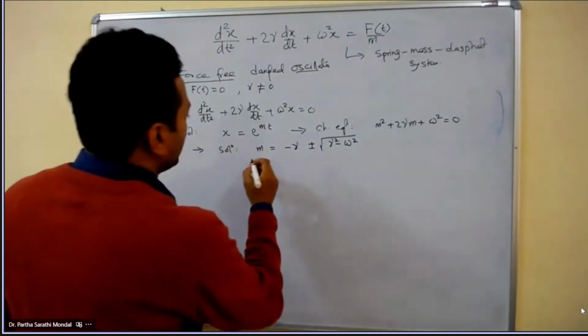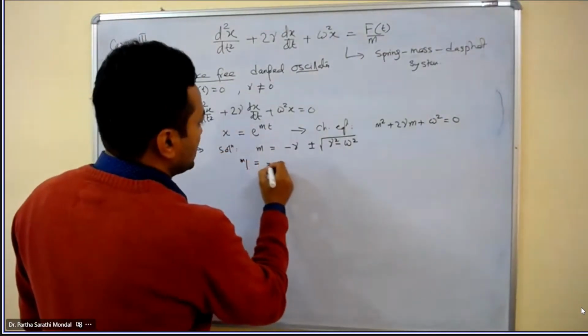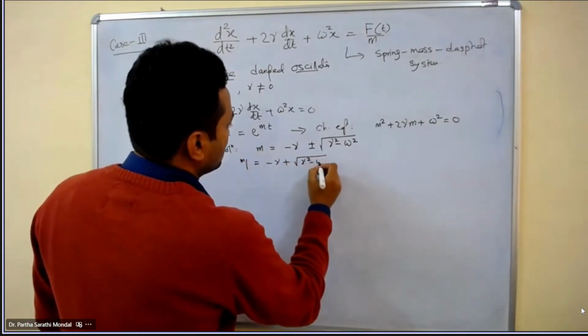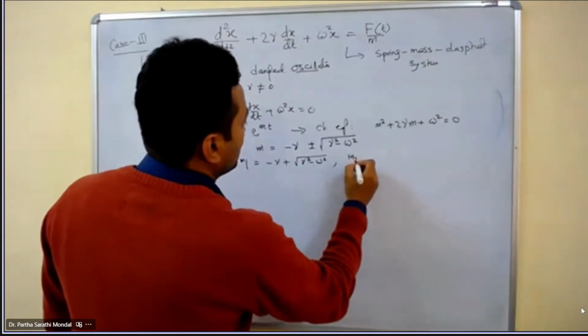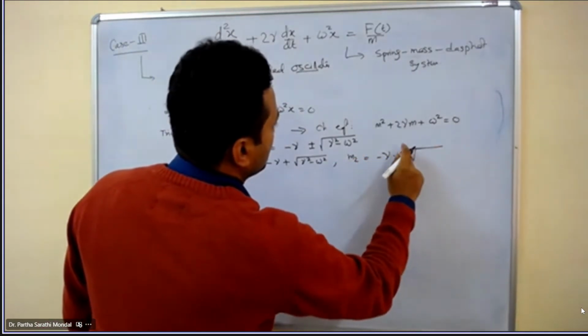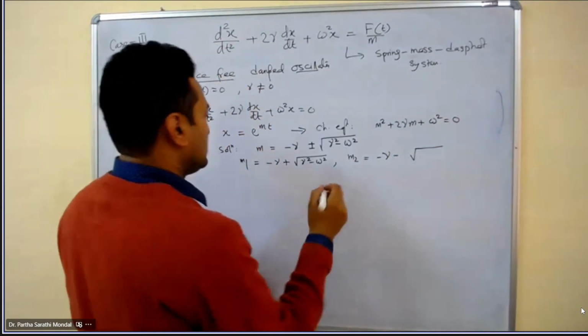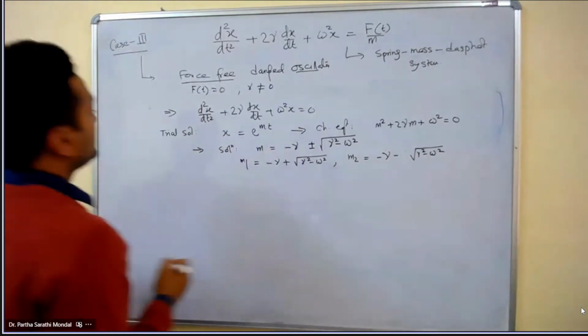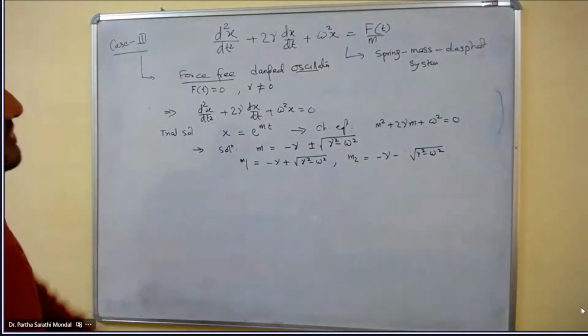So now m1 equals minus gamma plus root over of gamma square minus omega square, and m2 equals minus gamma minus root over of gamma square minus omega square. Now we have to consider different cases.